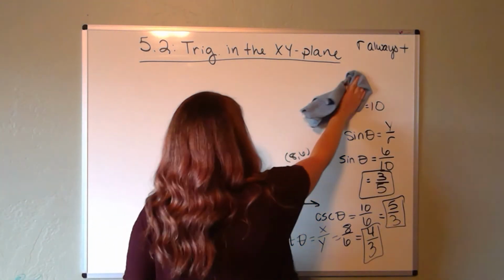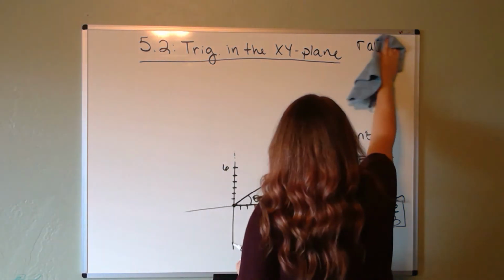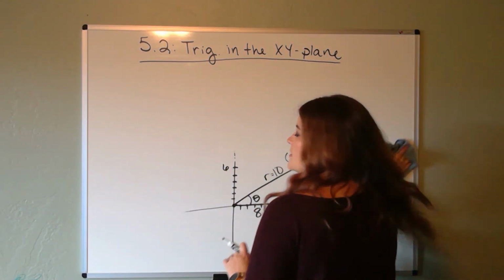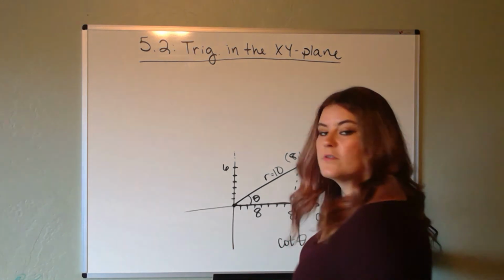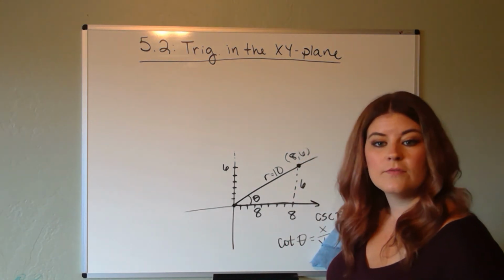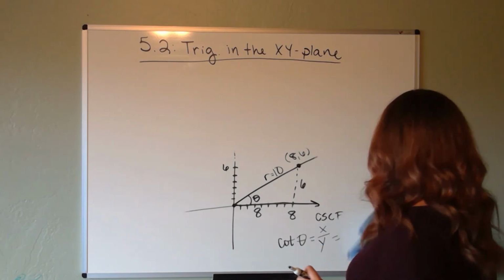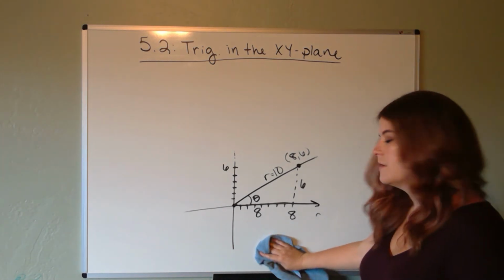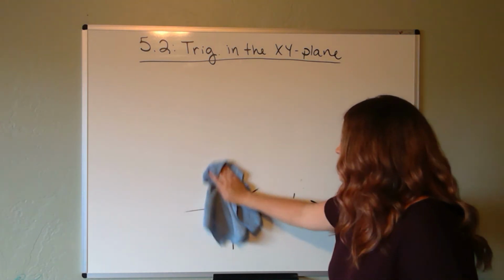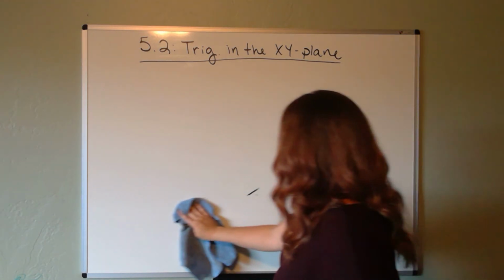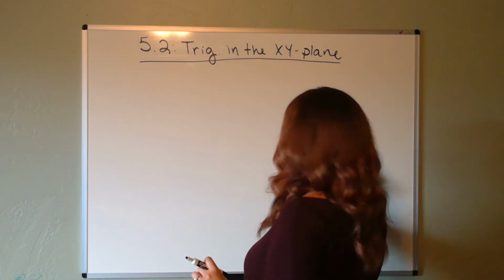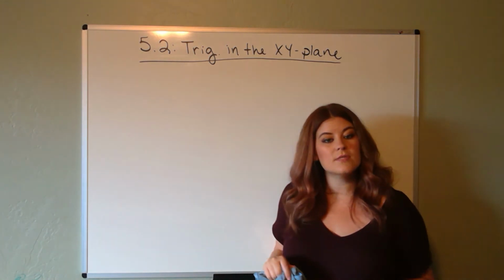You guys, those x and y values they gave, so they gave the 8, 6 that time, some of those values might be negative. They might give you a point in a different quadrant, but the method works the same no matter what. If one of those coordinates it had given us was negative, I would still use that as x and y. I would still use that to find r.